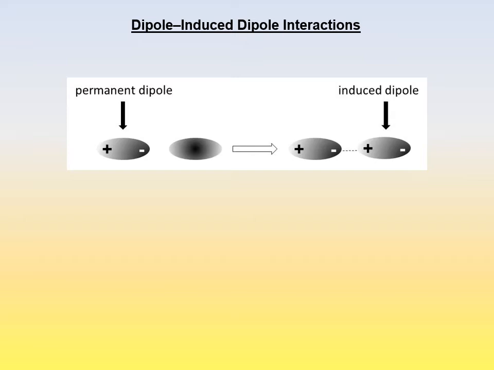As one would expect, dipole-induced dipole interactions in terms of strength are between London interactions and dipole-dipole interactions. So they are stronger than typical London interaction, but weaker than typical dipole-dipole interaction.